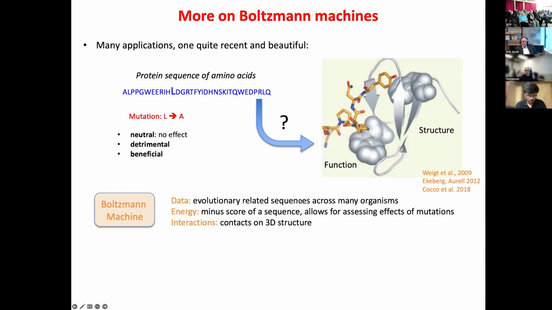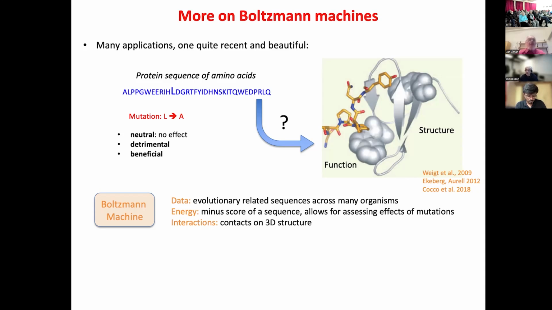If you look at one particular protein, for instance, a polymerase, all living organisms need to copy their DNA, right? To replicate their DNA. So all living organisms have polymerases, but they have evolved from the last common ancestors billions of years ago in a very diverse way. So we have a lot of sequences for proteins that essentially do the same task and have very similar structures. So we can use those data, and then we can infer a Boltzmann machine.